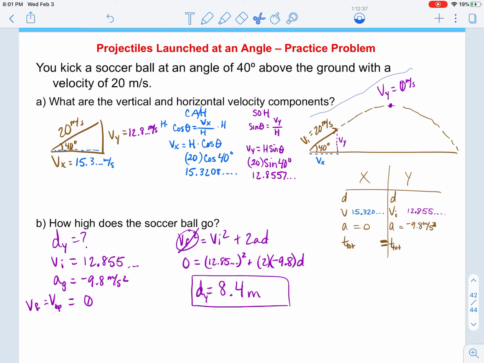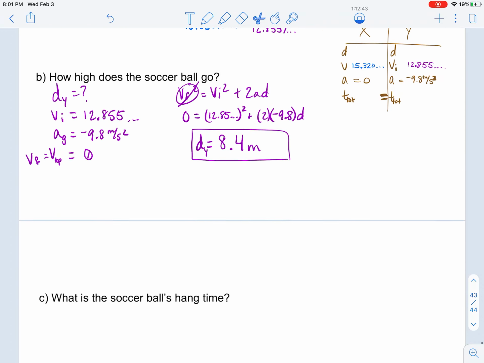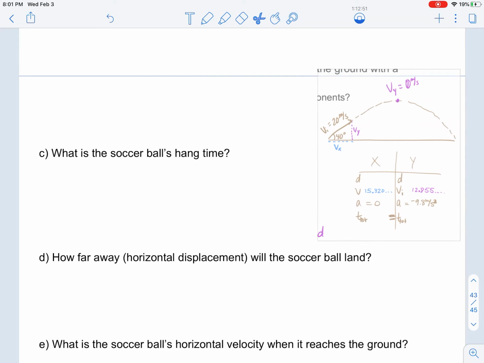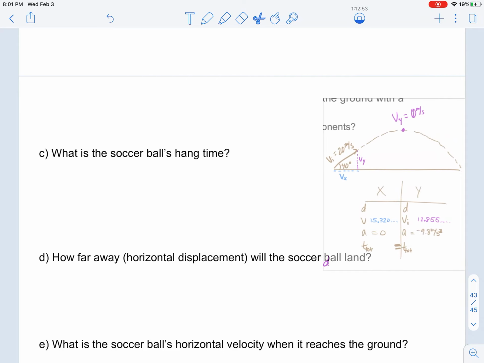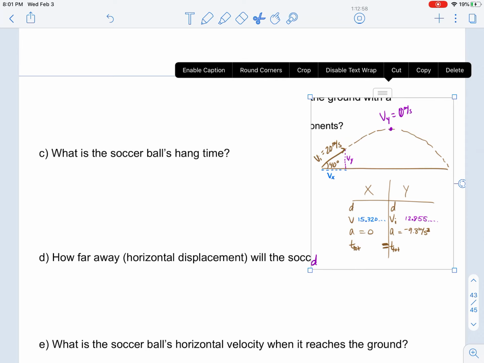Now, we have some additional questions that we are being asked here. The next thing that we're asked to calculate is what is the soccer ball's hang time? So now they want me to calculate how much time it takes for the soccer ball to go up and come back down.